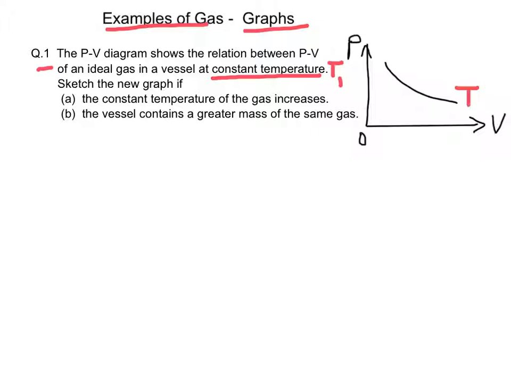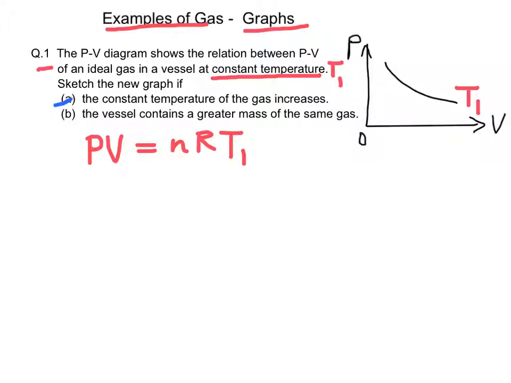The graph is the PV graph for the constant temperature of the gas T1. By the equation of state, we can write PV equal to nRT. The initial temperature, which is constant, is T1, therefore PV equal to nRT1.